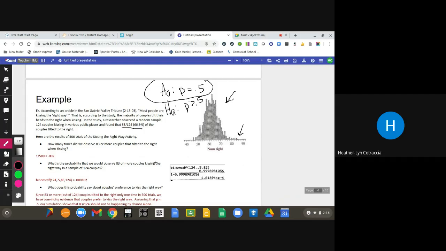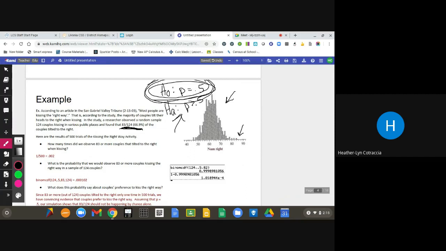Then the probability that we got the sample data that we did is 0.002. That is unusual, which means that this is probably not true, that there is a preference, because when we assumed it was true and then we did our simulation and we collected our data, that gave us an unusual result, which means that we probably have convincing evidence that people do have a preference to go one way or the other way.